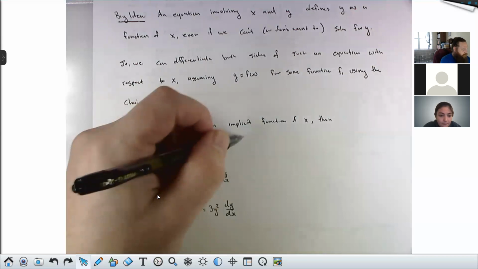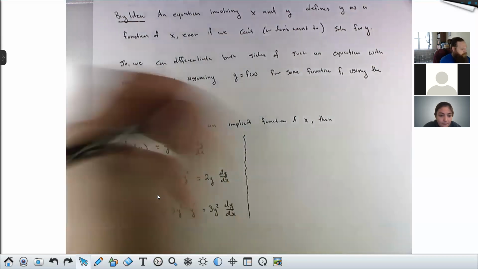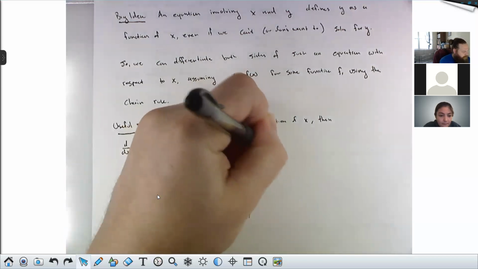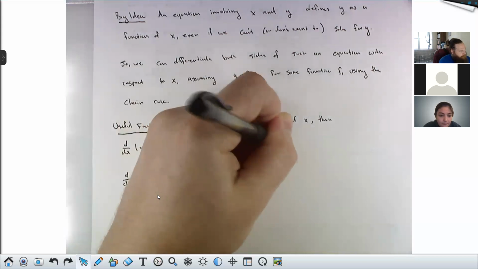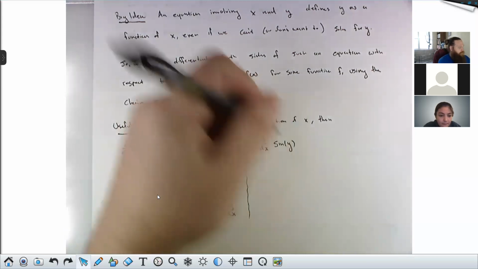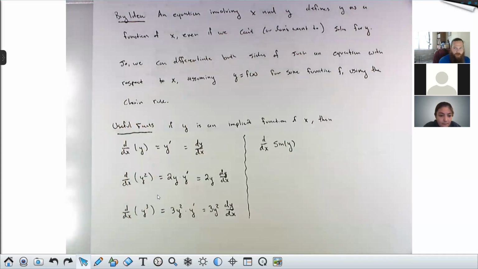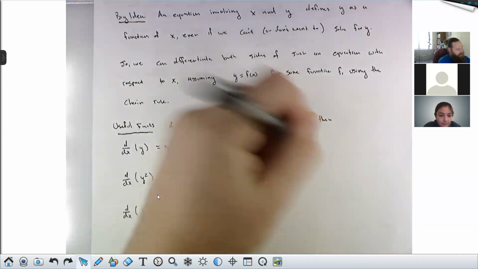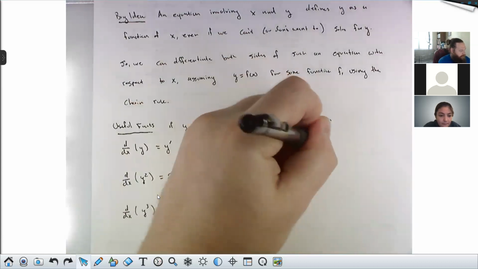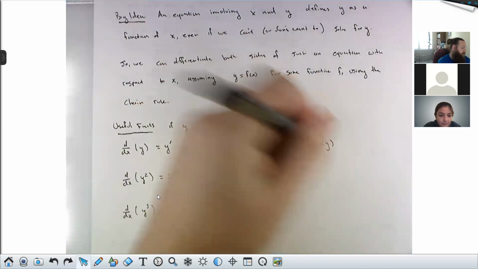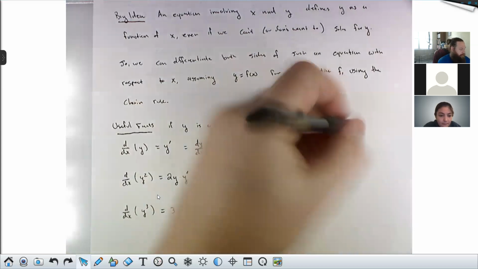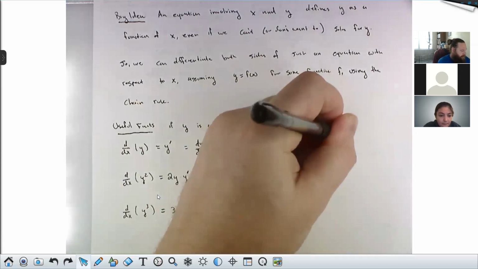I can show you some other very basic examples here that we will use as pieces quite often. If I wanted to take d dx of the sine of y, I can do that. I would differentiate the outer function, which is the sine function, leaving the inside alone, and then multiply by the derivative of the inside, which is just y prime.